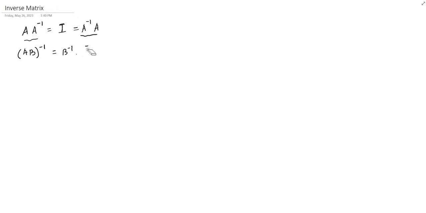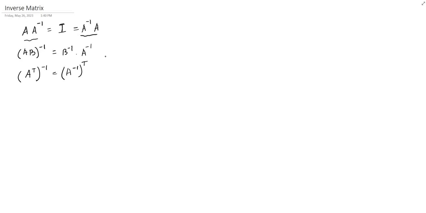So we'll just make it clear. Okay, B inverse and A inverse. Another fact is that the inverse of A transpose is basically the same as the transpose of A inverse.